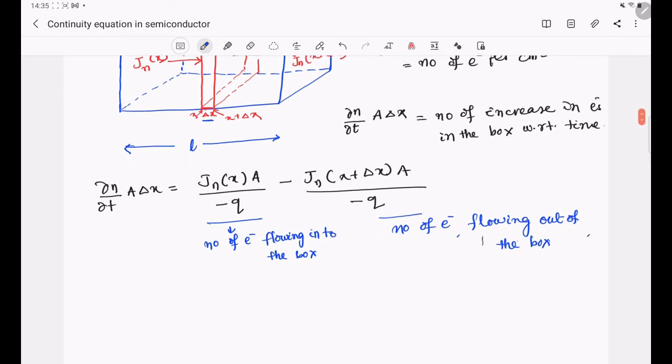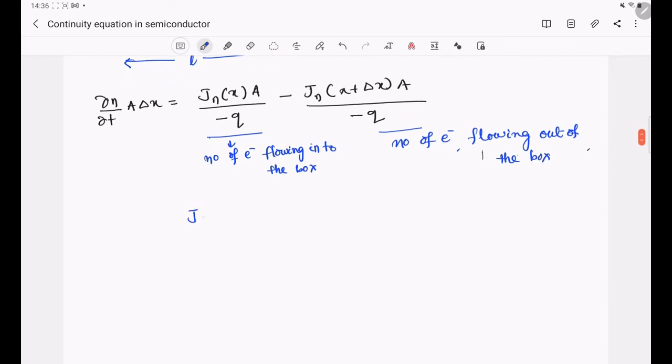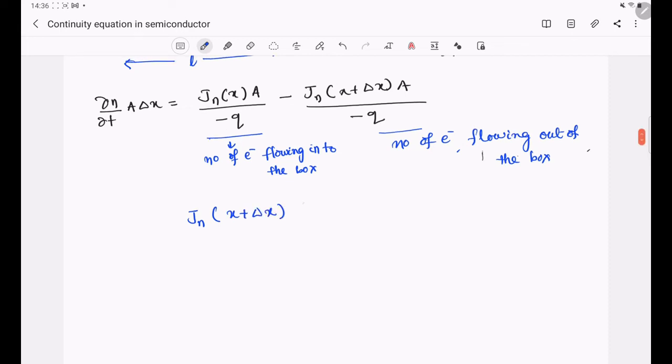And according to our assumption that the number of electrons is increasing, the current density that is leaving is less than the current density that is entering into the small box. So this is the condition when the number of electrons will increase.